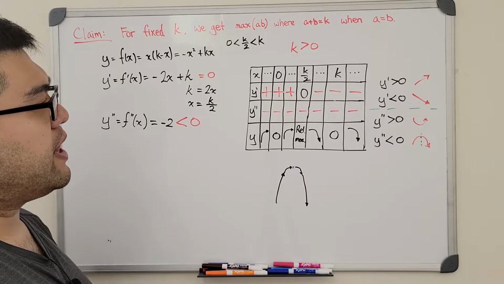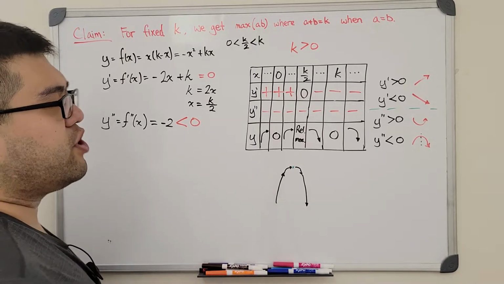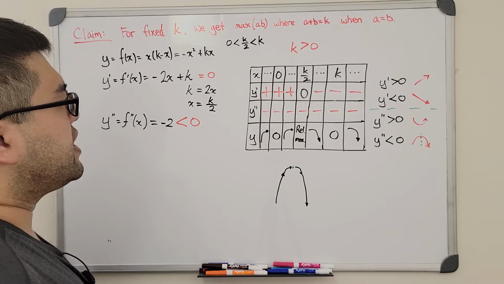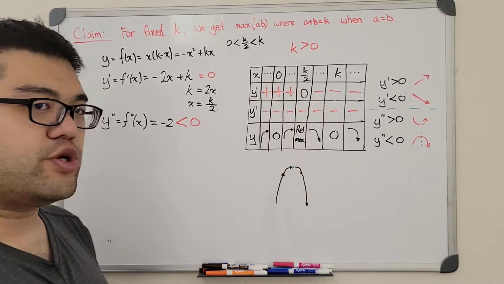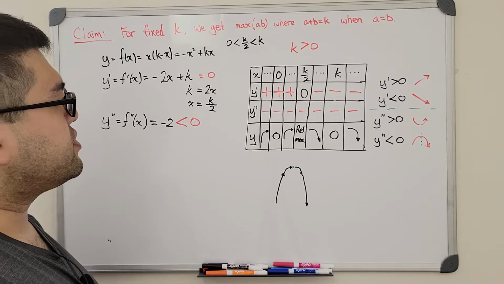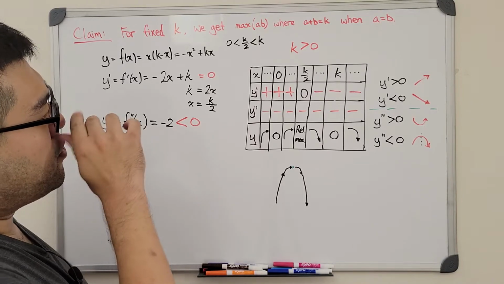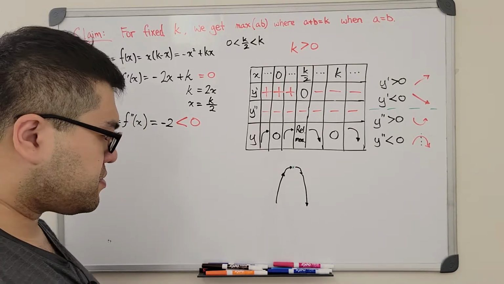So for the last case, when k is equal to 0, we can just use a similar argument, but then we will see that these 3 points will actually merge into one, so that we need x equals 0, or in other words, a and b are both equal to 0 in order to get the maximum value.